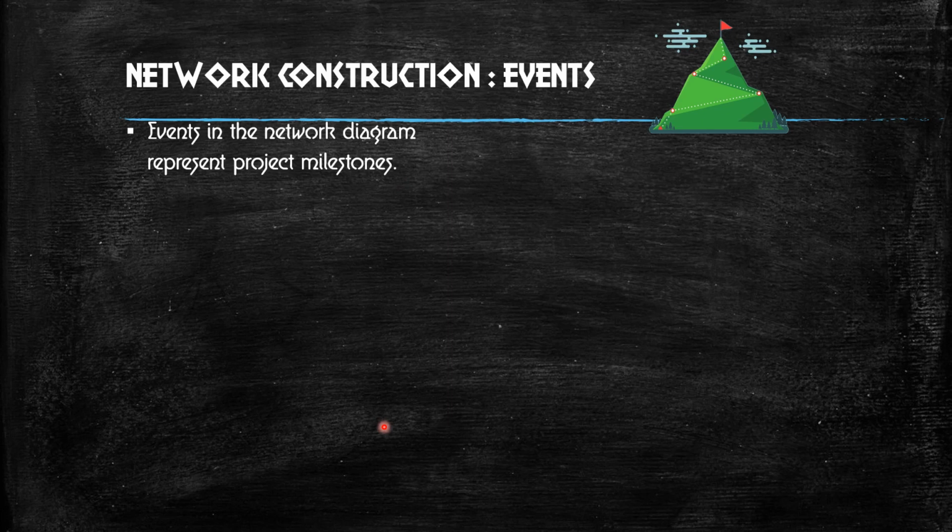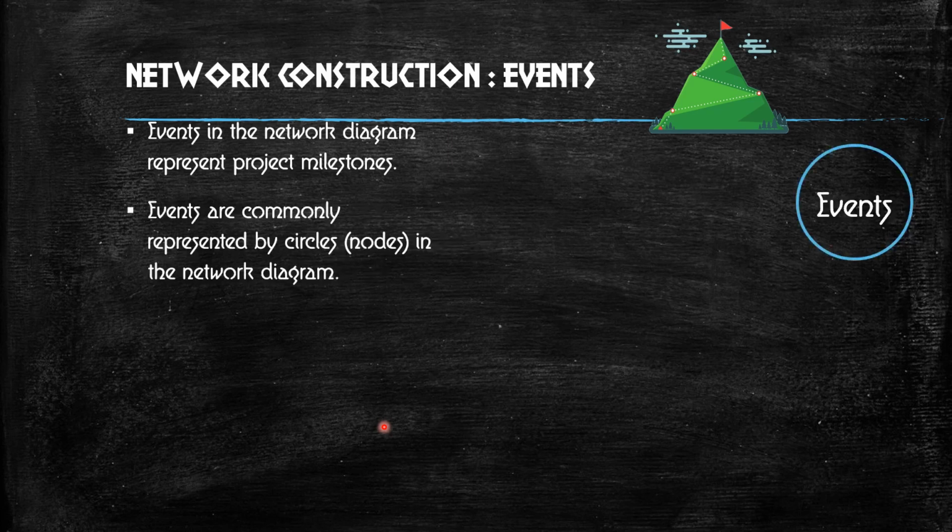This milestone gives us an idea of what distance is covered so far and what distance is ahead in our journey. Similarly, in a network diagram, an event gives us a picture of which activities are completed so far and which activities are going to follow.